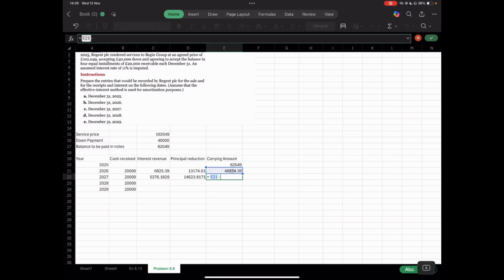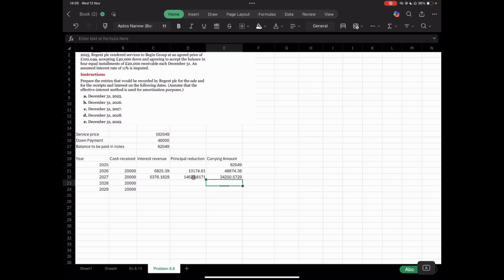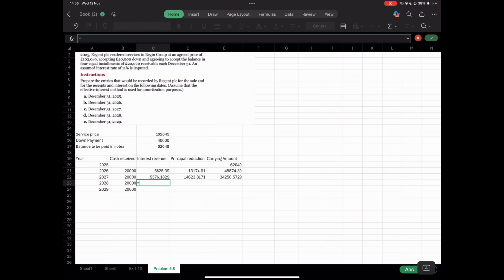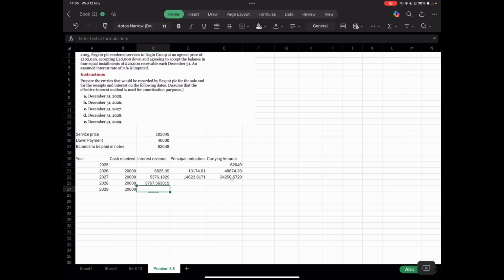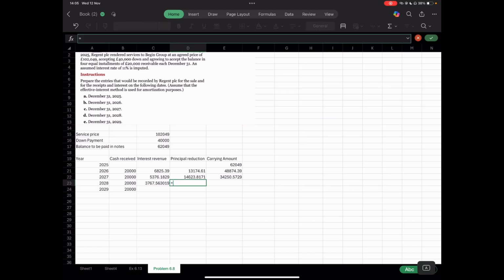Carrying amount minus principal reduction. I could do it by dragging the table down, but unfortunately I have an iPad and it's quite hard for me to do that, so I'm doing it all manually.